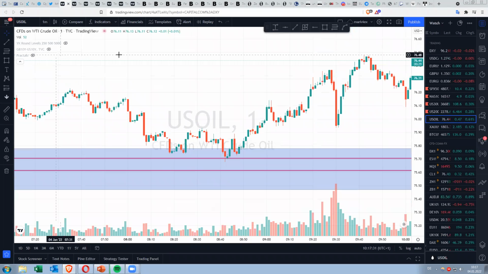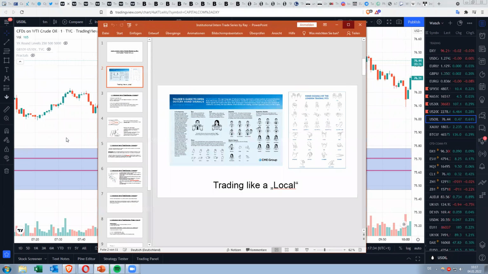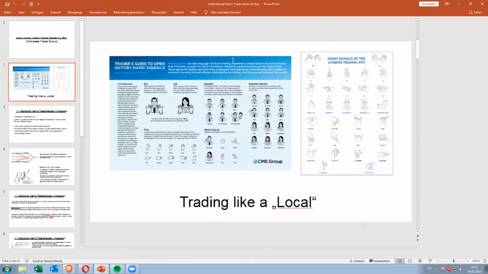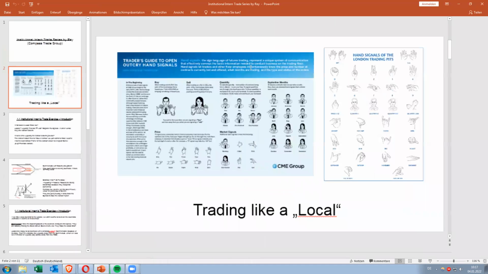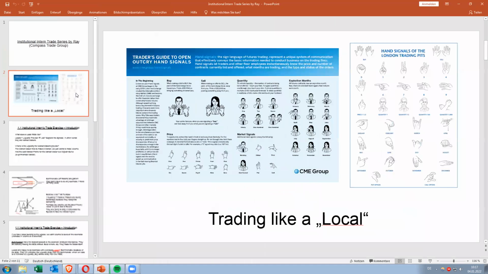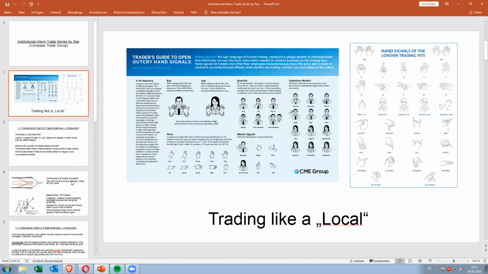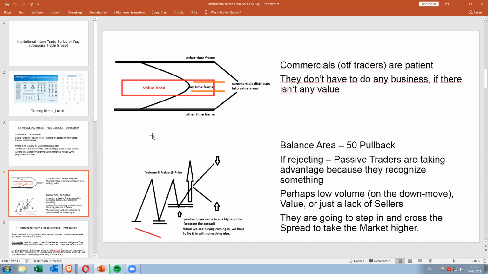Look, I will just drag something into my screen. I'm currently doing a little PDF file or a PowerPoint about what the locals are. The locals are the guys in the pit, and they're trading hand signals. They're the ones on the floor, and I made a PDF with, for example, the old symbols to trade on the floor.